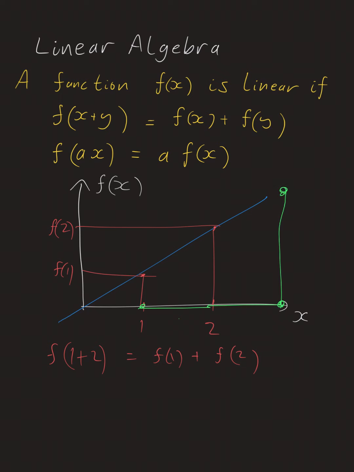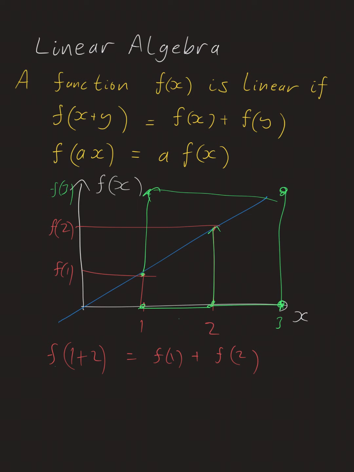But actually, my increase from here up to here is the same as the increase from here up to here, because it doesn't matter where I am on a straight line. If I go over 2, I'll go up a certain amount. And so if I go directly to f of 1 plus 2, which is 3 over here, and get f of that, I get the same answer as if I had just got f of 1, got f of 2, and added them together. And this will be true of straight lines and not true of any other kind of curve.